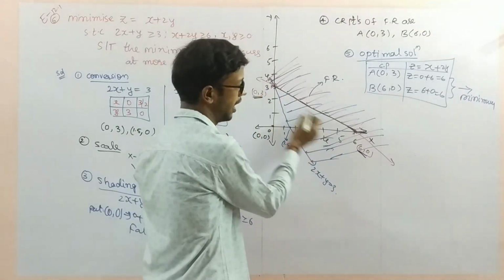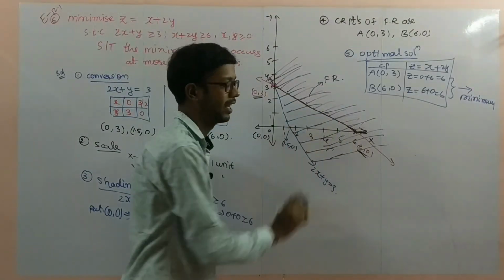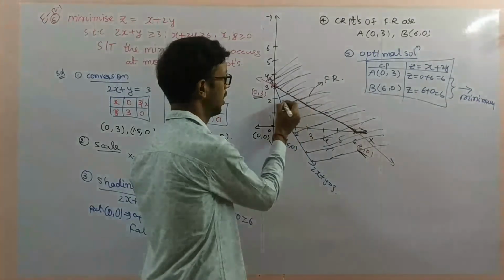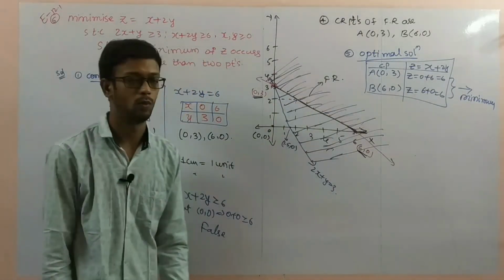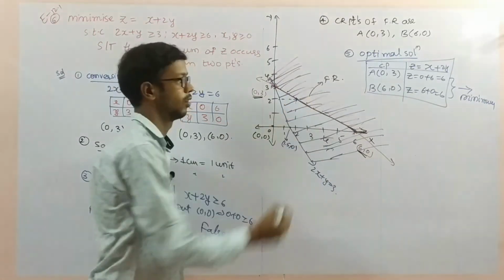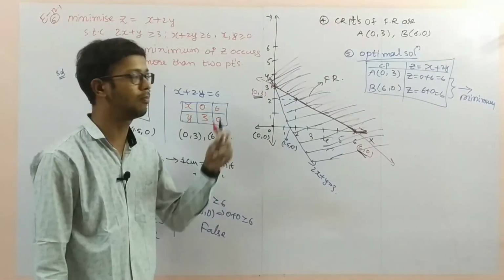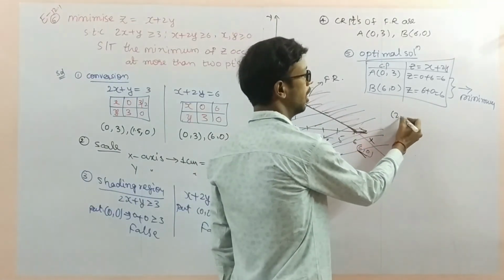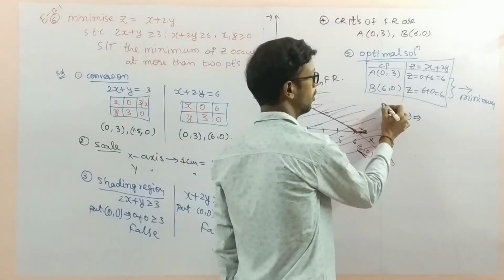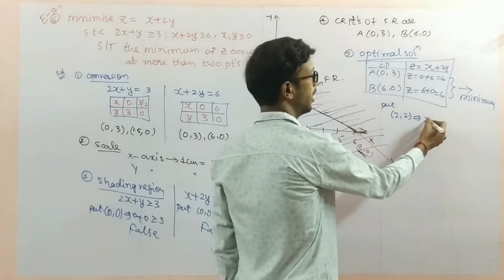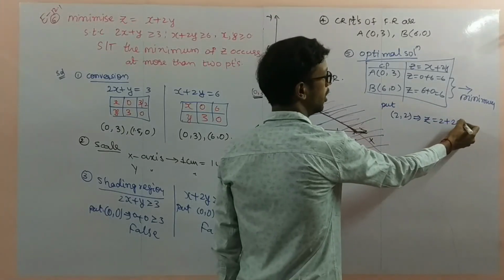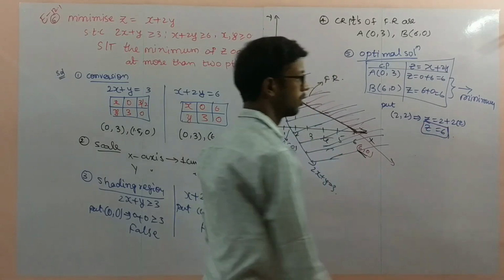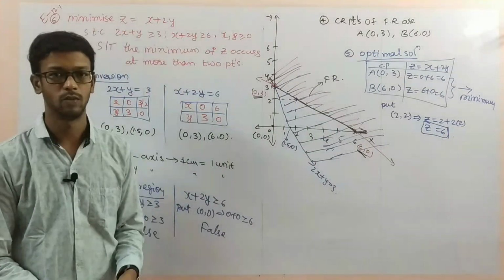Now take any point on this line and substitute. For example, I am taking the point (2, 2) on the line, just for your understanding. Putting in Z: 2 plus 2 into 2 is 6. So again you get the minimum value.